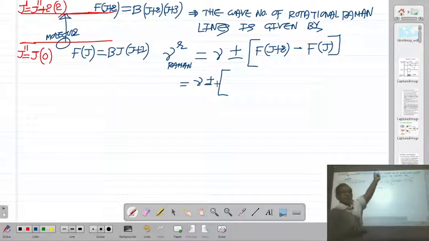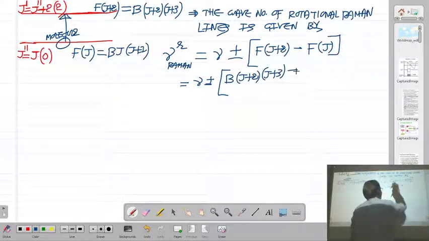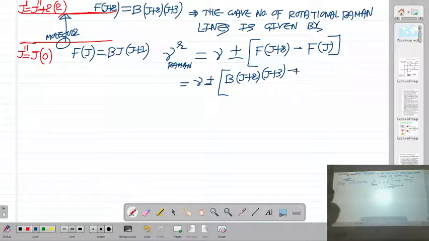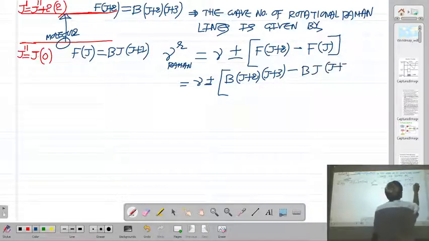The rotational term value of the upper state j plus 2 is B(j plus 2)(j plus 3), minus the rotational term value of the lowest state j, which is Fj. That is Bj(j plus 1).